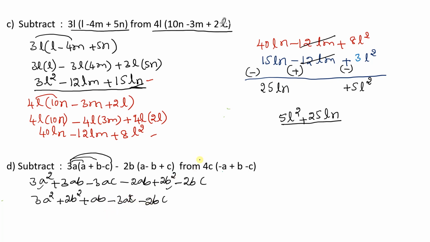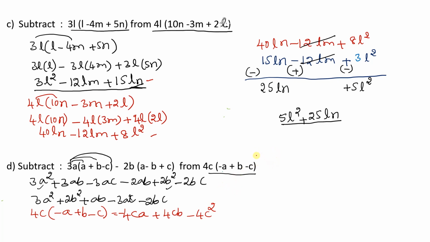So this is to be subtracted from this. Now 4c into minus a plus b minus c is equal to, here first term only minus, so minus 4ca plus of plus is plus 4cb minus 4c square.